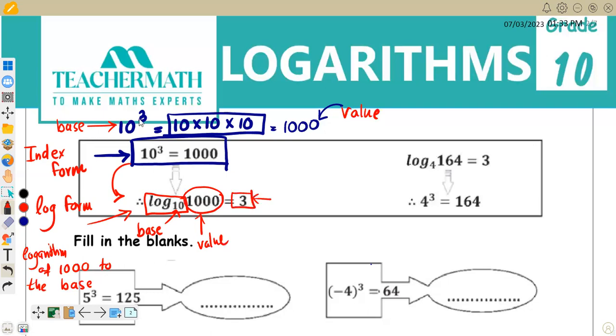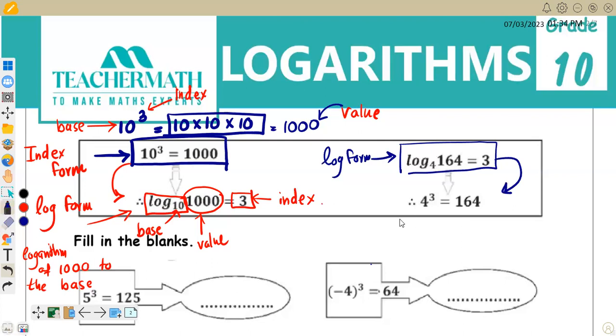3 is what? 3 is the number of times that we multiply 10 repeatedly. In this case it is 3. This is called the index. Now this is called converting index form into log form. Now let's see, when you have been given log form, when you write a log form expression in an index form expression, the base is equal.